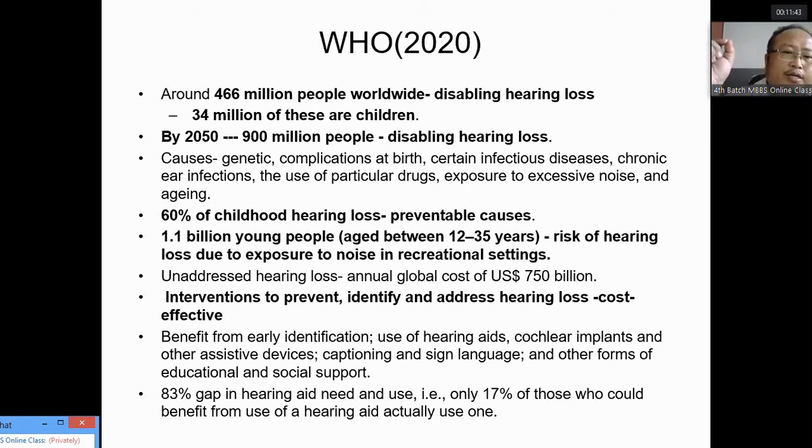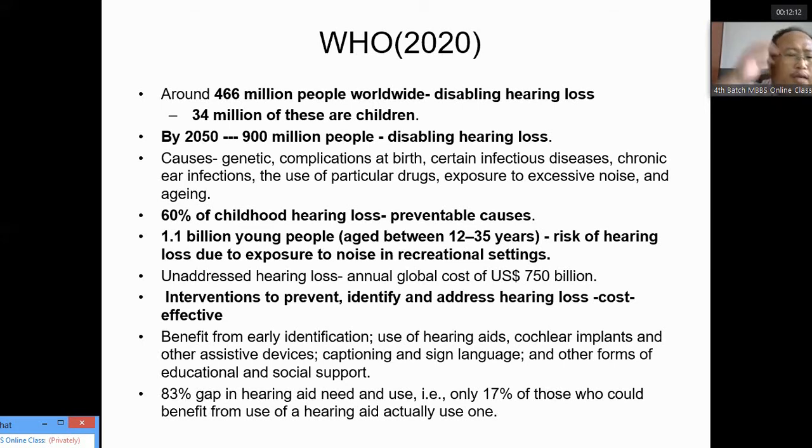It is estimated that by 2050, this will rise to about 900 million. They have mentioned the different causes of hearing loss: genetic, complications at birth, drugs, noise, or aging. But among them, 60% in case of children are preventable causes.